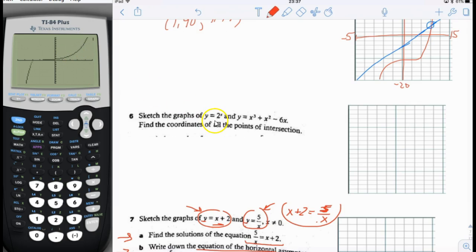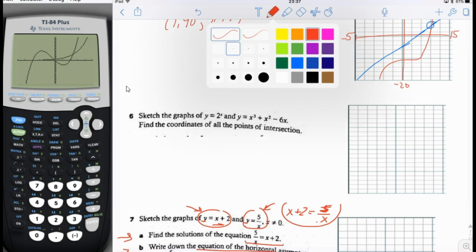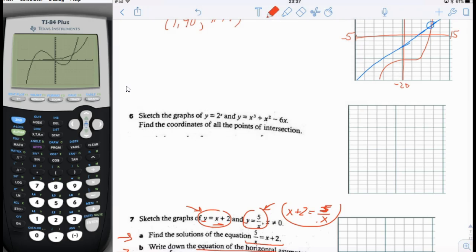That's the exponential function. There's the cubic function. Looks like it intersects maybe 3 times. 1, 2, 3 points. Okay? If we're going to graph this, again we graph from negative 5 to 5 in the x direction, and in the y direction we graph from negative 20 to 20.